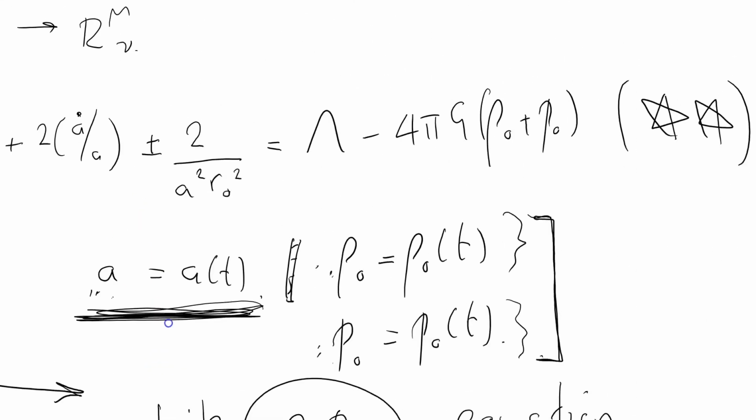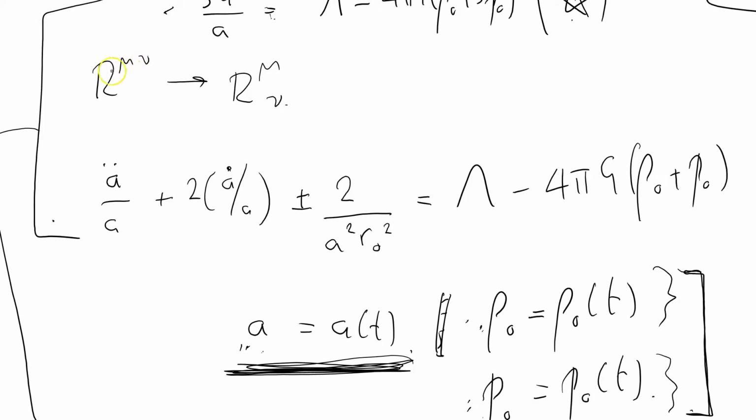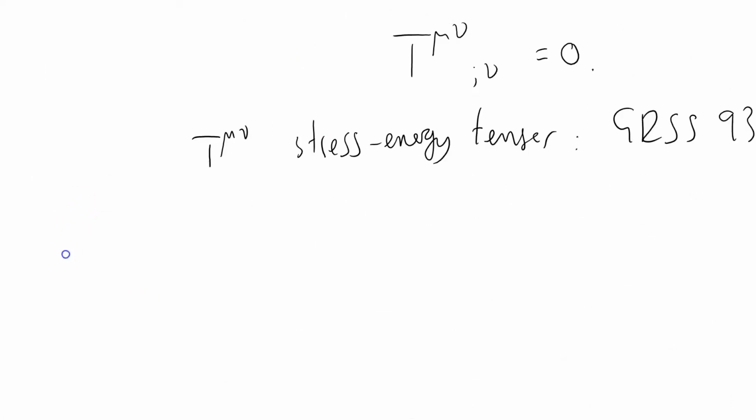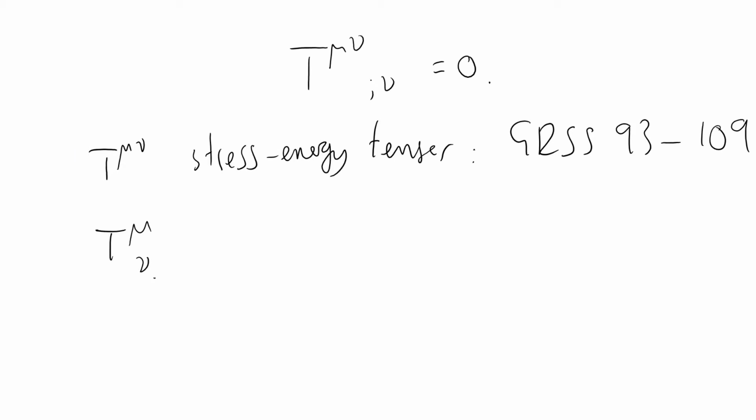You'll remember that when I was using the Einstein field equations, I wasn't just considering the Ricci tensor with two upstairs indices, I was considering it mixed, with one upstairs and one downstairs index. So I want to consider the stress energy tensor itself with one upstairs and one downstairs index. I'll show you how that works.